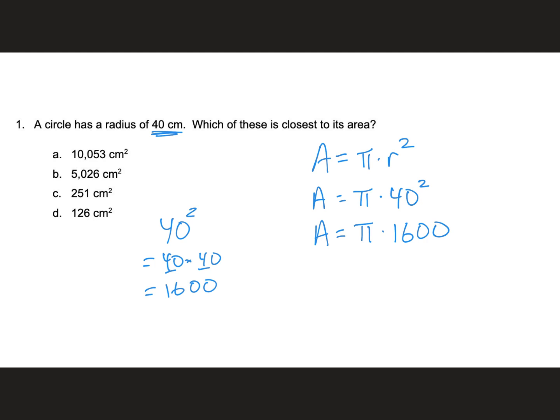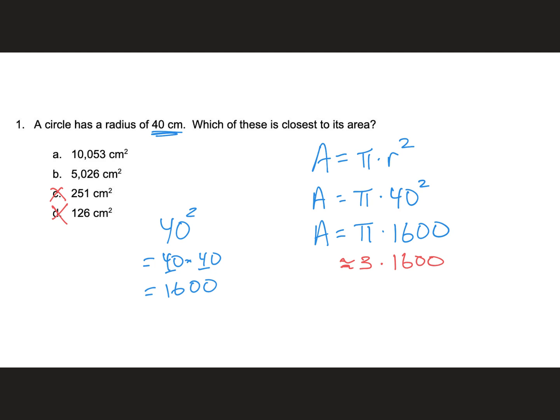Well, I know that pi is roughly around 3. So it's going to be around 3 times 1,600. For sure it can't be D. For sure it can't be C, because 3 times 1,600 is already way more than those two.